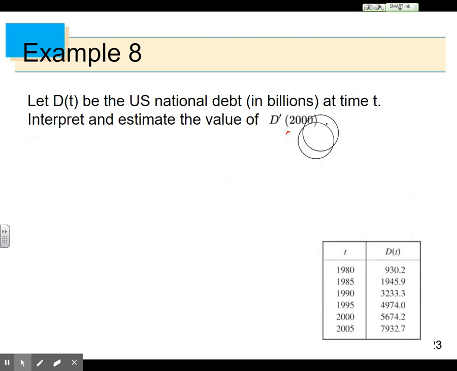All right, let's look at this national debt and see if we can do some stuff with derivatives on it. So debt is going to be that D of T column, and we've got time T, so it'll be 1980, 85, 90, and so forth. I want to estimate the value of D prime of 2000.